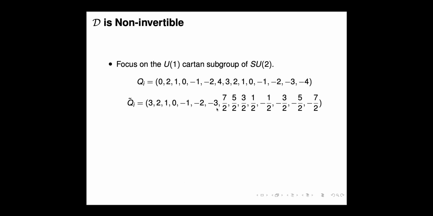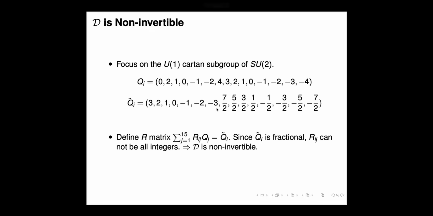You can just consider the Cartan subgroup of SU(2), and here I list the charges of the Cartan subgroup. Then maybe naively we can just apply the algorithm that we discussed previously to this case. So we just find an R matrix that relates Q and Q tilde.